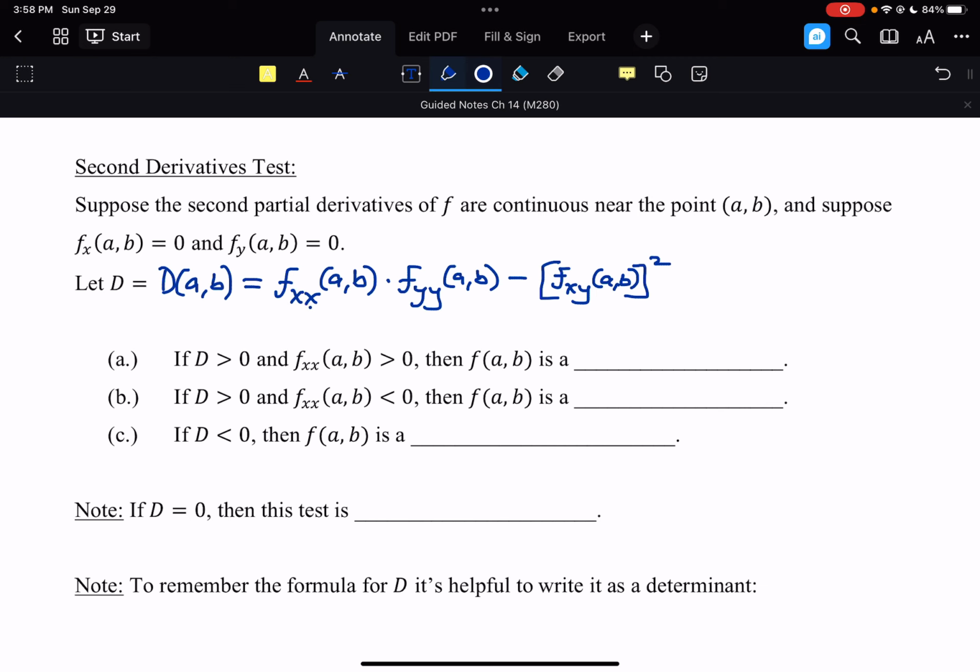So we have fxx times fyy minus fxy squared. This is a formula for D for the derivative test, also called the D test.